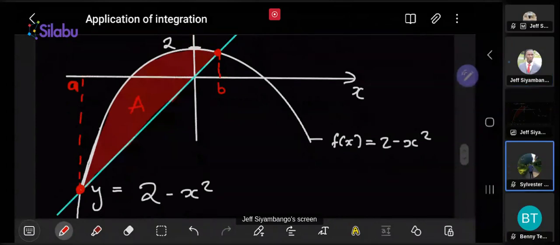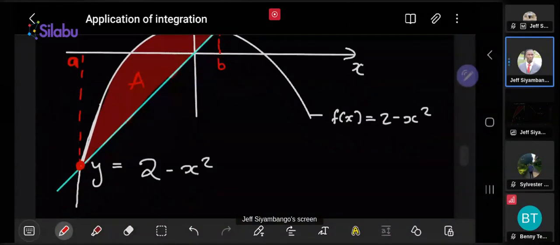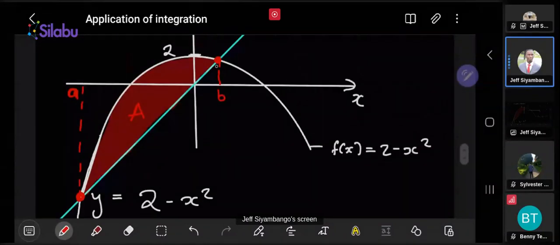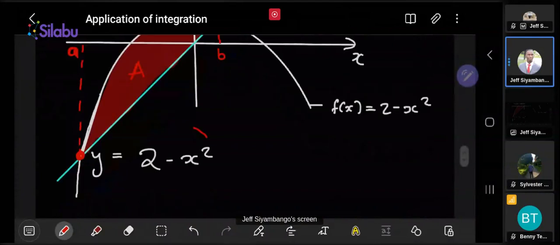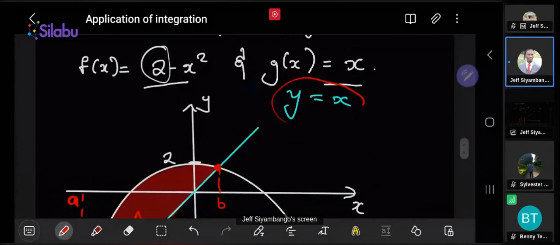Solving simultaneous equations. Okay, yes, you can say it like that. Or you have to observe that these points are the only 2 points where the two graphs are actually the same, meaning that the value of y here will be the same as the value of y this side, which is a simultaneous equation, yes, as you said earlier.